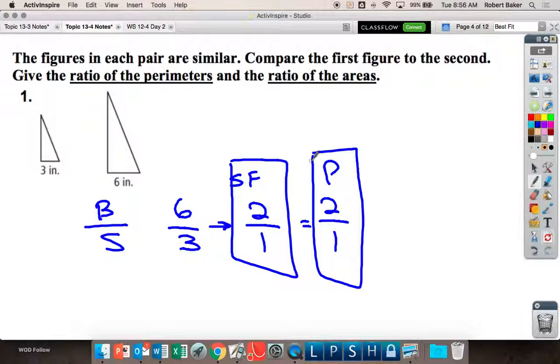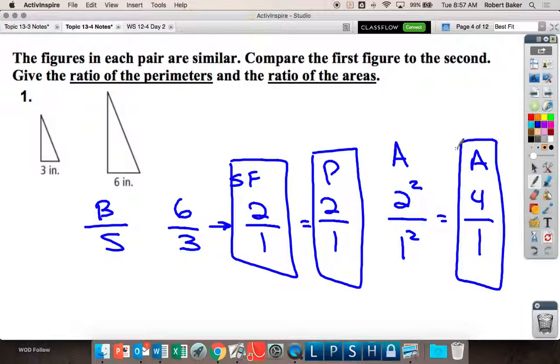It's A squared over B squared, or top squared over bottom squared. So our ratio of areas is, and if you want to simplify that to 4 over 1, that's what we're getting. So you kind of see some similarities. The scale factor and the perimeter ratio are always going to be the same, but the area ratio is going to be the top squared over the bottom squared.